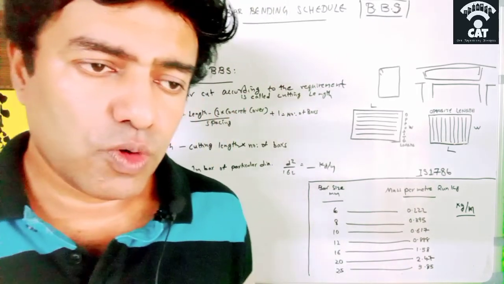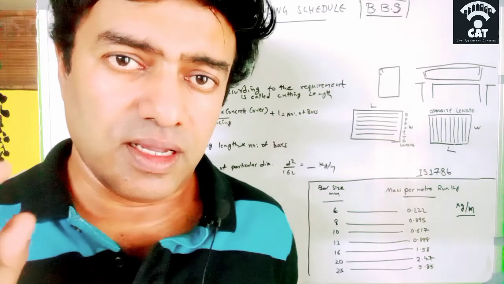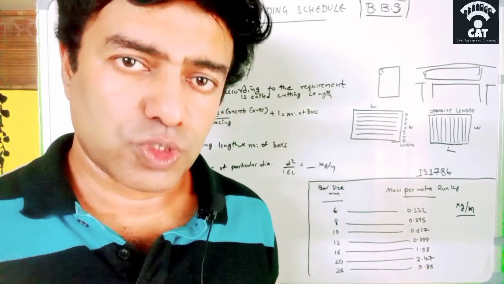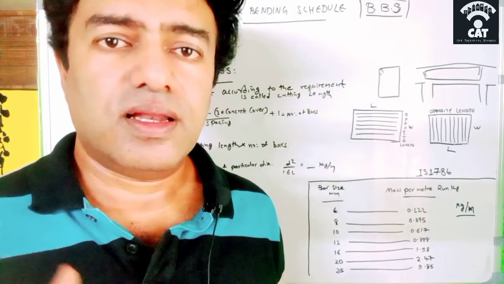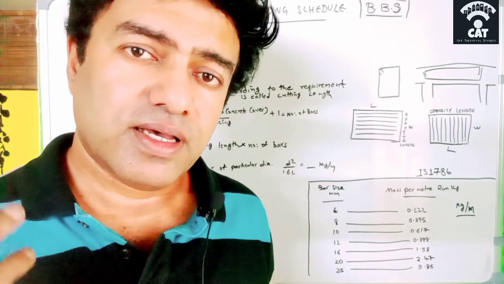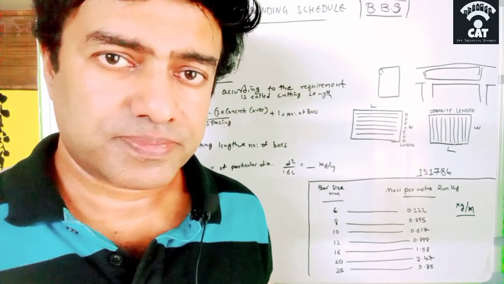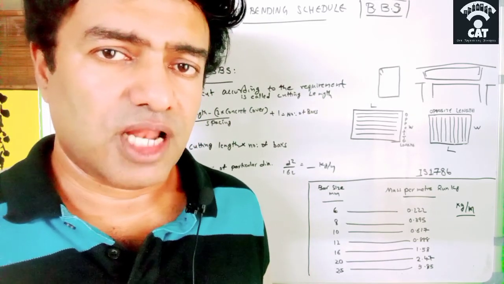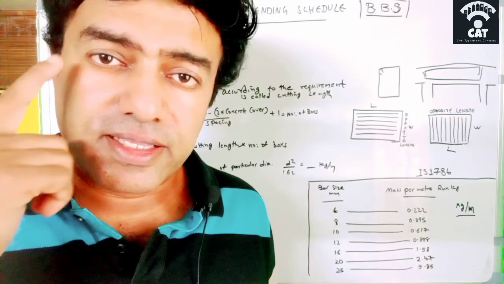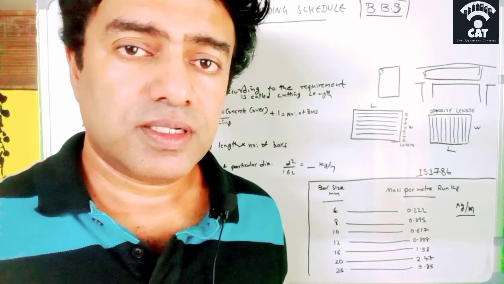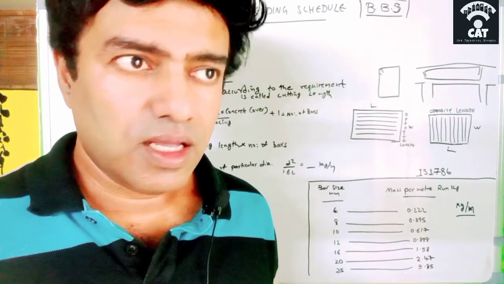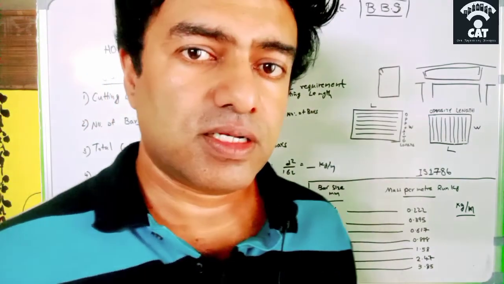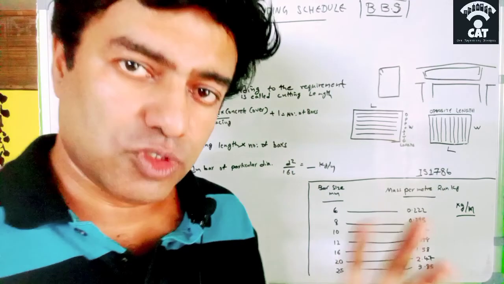Once we know the span and the concrete covers, we have to subtract the concrete cover and also the diameter of the bar. It will give us the cutting length, whatever the concrete member. If it's a beam, slab, or column, just take the total span minus the concrete covers and the diameter of the bar. We will get the cutting length. So half of the job is over.